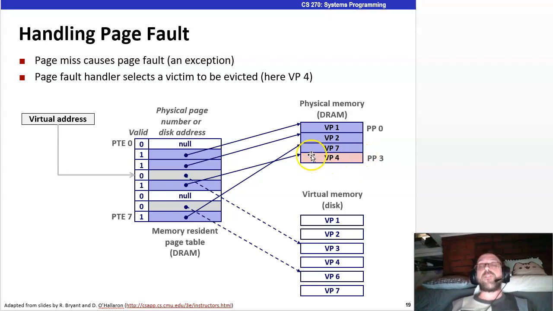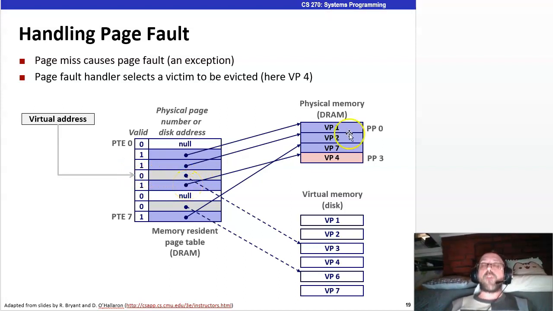It has to select some page of physical memory and have that written back out to the disk. So in this case, it might choose this physical page 3, which currently is mapped to from virtual page 4. We're trying to access, remember, virtual page 3.